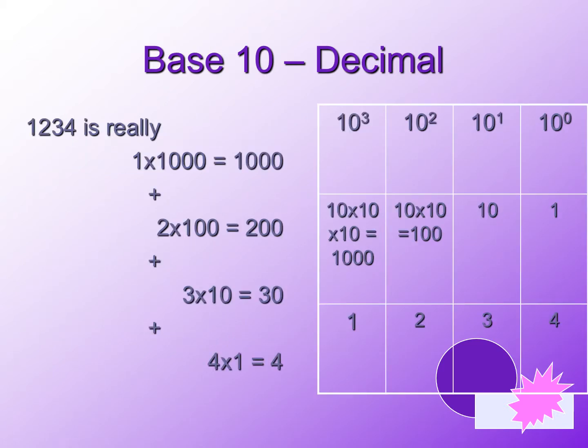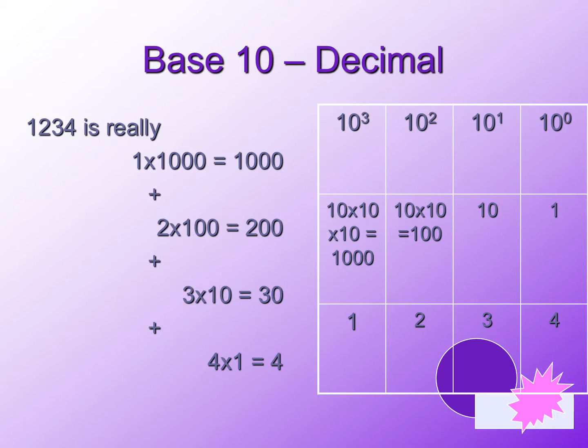So if I have the number 1,234, it is really, looking by the place values, 1 times 1,000, 2 times 100, 3 times 10, 4 times 1. As you can see here, I've written those down.